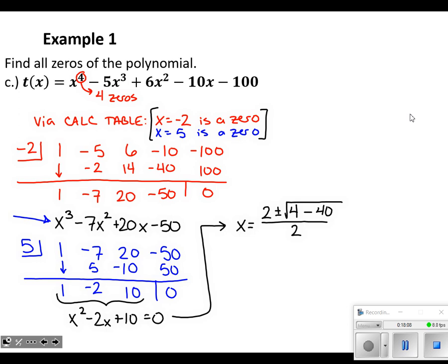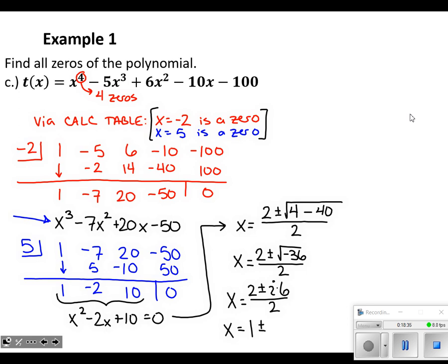We're dealing with imaginary stuff. Underneath the radical, we have stuff that makes -36. And that's an imaginary number. It's i times 6 all over 2. So x equals 2 over 2, 1, plus or minus 6i over 2, 3i.